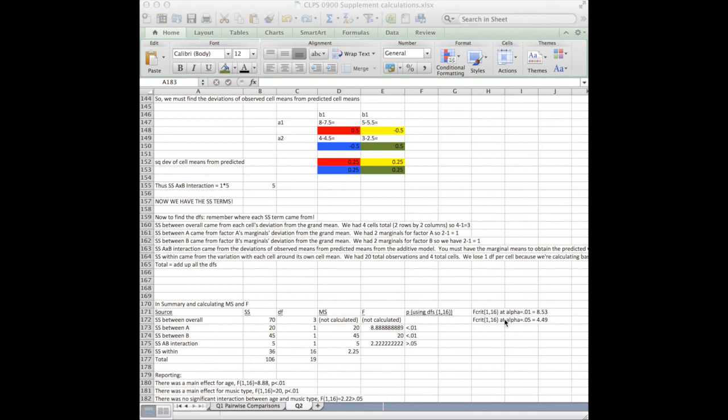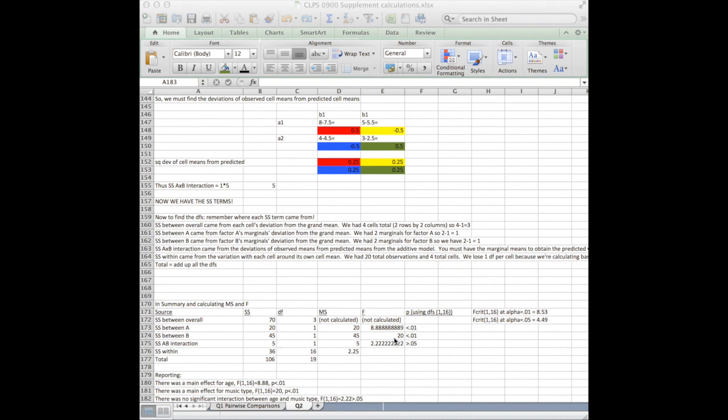So then we would fill in the rest of our summary table. And based on this, we see that this F value has exceeded the alpha 0.01 level. So 8.88 is greater than 8.53. So your significance is less than 0.01.